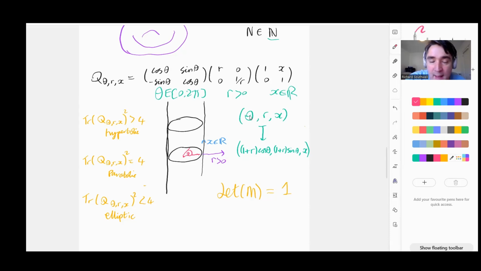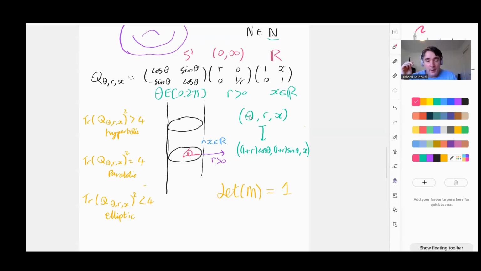And so if you think about it, if you imagine varying these different parameters, theta, R, and X, then the thetas are going to form a circle, and these different R parameters are going to form this sort of interval of positive real numbers, and then the X values are going to form the real line.